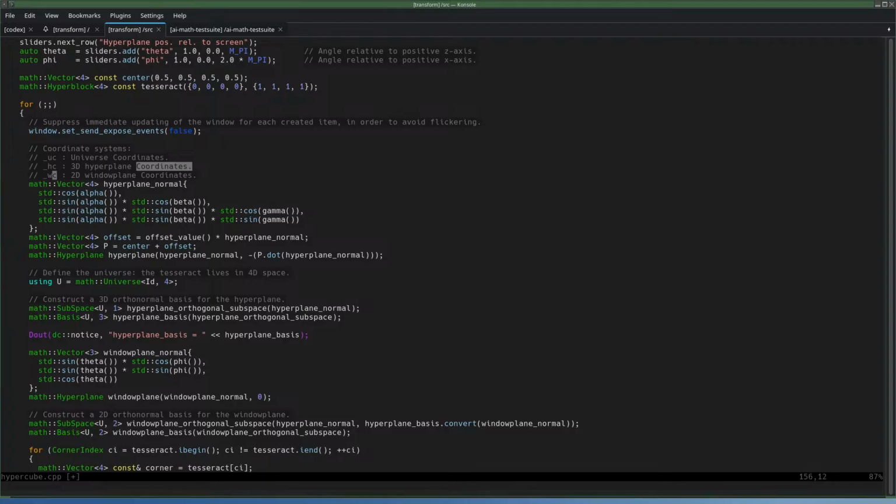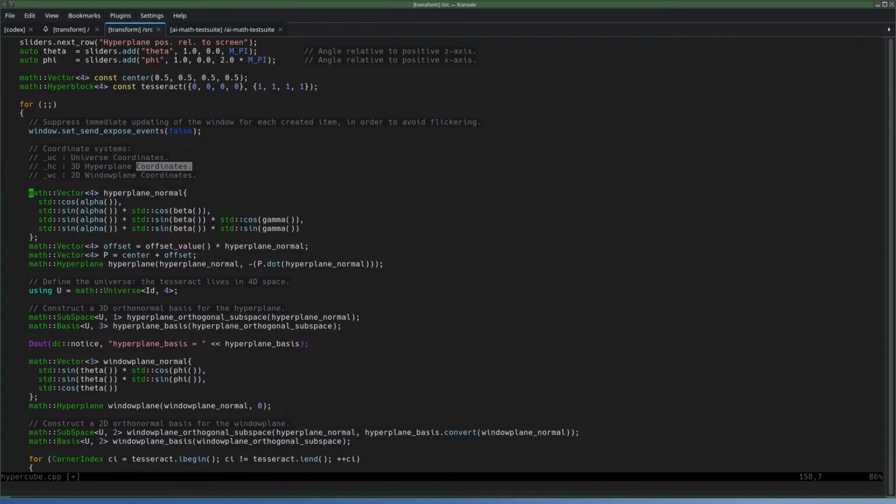Yeah, I capitalized it because the W happens there, not because it's a type. Let's make this an H as well. You can see very clearly from the number of dimensions which coordinate, well, which basis it is using.